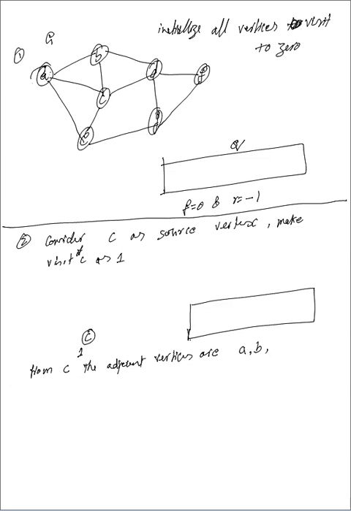Next D. You can consider C also if you want. Means correct flow you will get. A, B, C, then D. What else is there? E. That's it. Correct, no? Now, from C, the adjacent vertices are A, B, C, D, E.